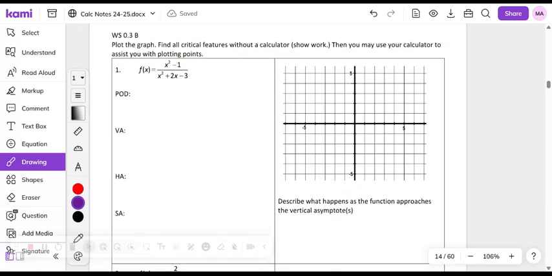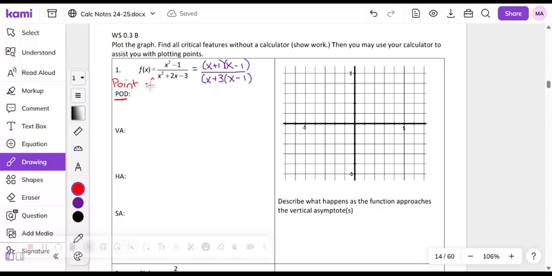And what I would suggest you do whenever possible, you're going to factor. So we have the difference of squares in our numerator. And then in our denominator, we have x plus 3 and x minus 1. Now you may remember this from last year. The first thing you should check for is POD. What is that? Well, that means point of discontinuity.